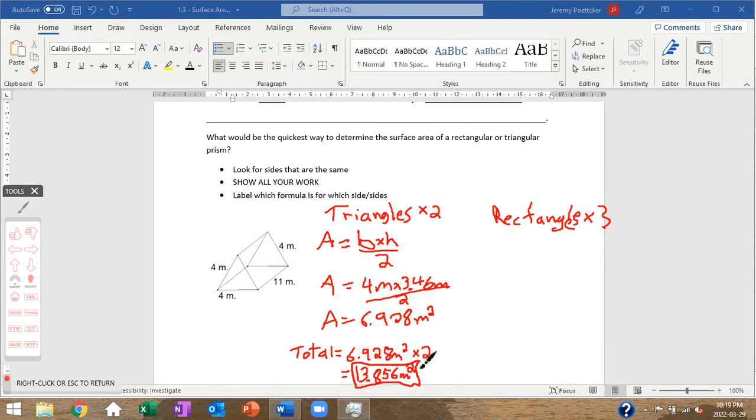And I will put a little box around this so that I know later on I'm going to have to add this onto whatever I get for the rest of things.